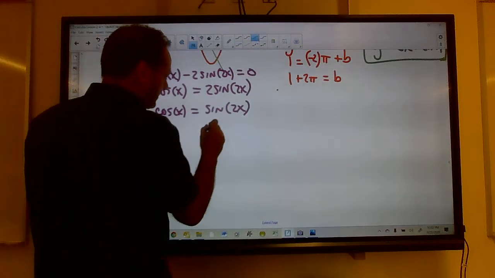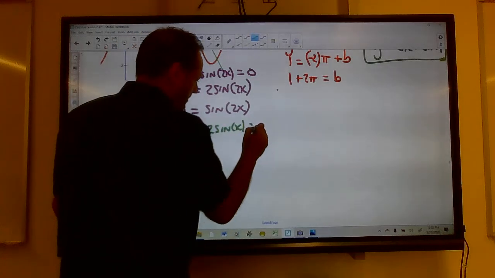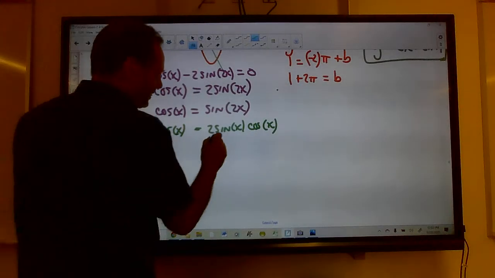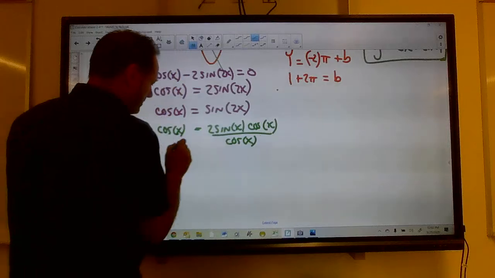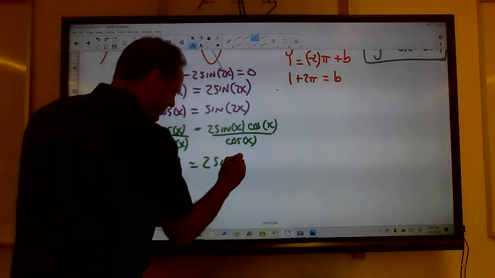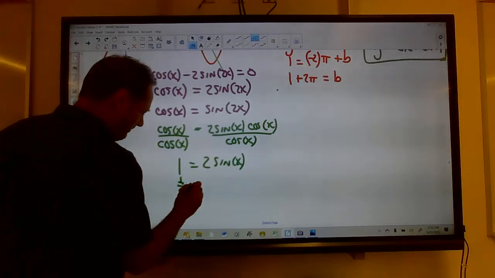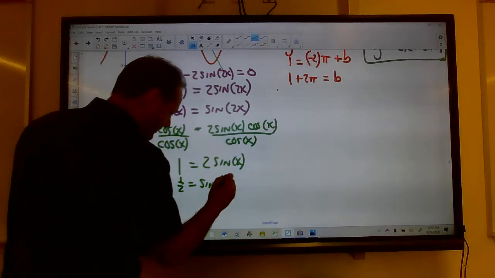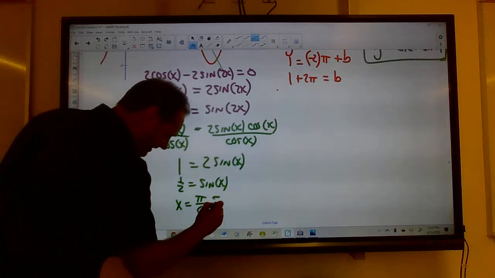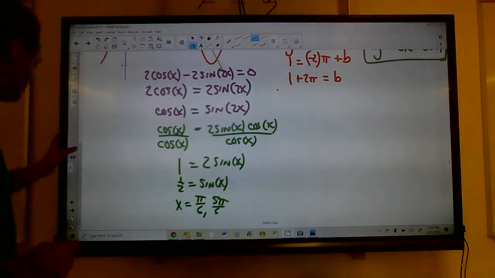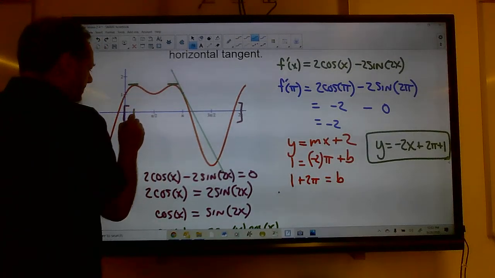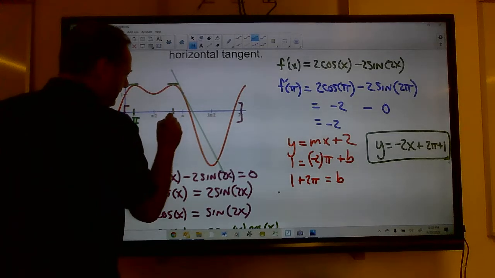If you remember, the sine of 2x is 2 sine x cosine x, and that equals cosine x here, and I can divide both sides by cosine x, and I get 1 equals 2 sine x, so then 1/2 is sine x, and then I can take the arc sine, and I get x is going to be pi over 6, 5 pi over 6. So that gives me 2 of the answers right here. That one and that one. So this is pi over 6, and this is 5 pi over 6.